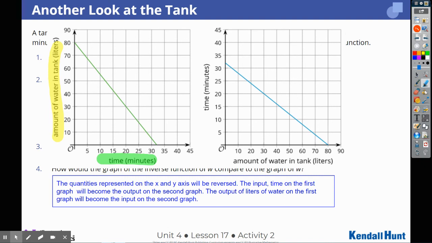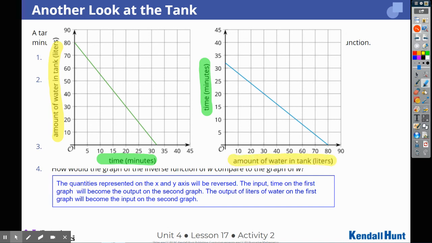And when we take that and we write the inverse of that function, those variables switch. So our input of time becomes the output on the inverse function, and our output of amount of water in the tank becomes our input.